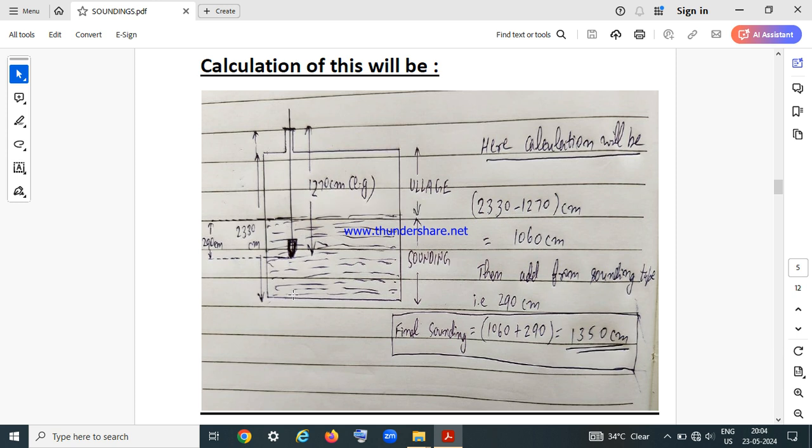Suppose the previous time you dropped 1500 centimeter, or you can say 2330 centimeter as per this tank.